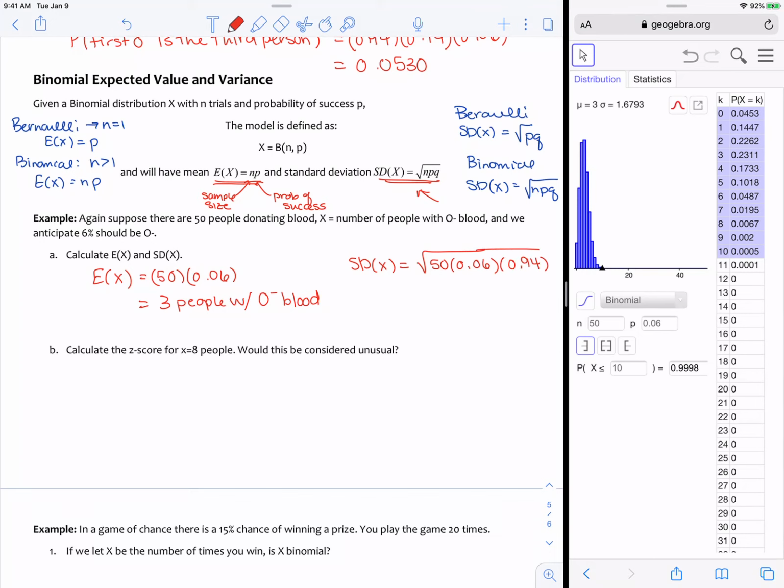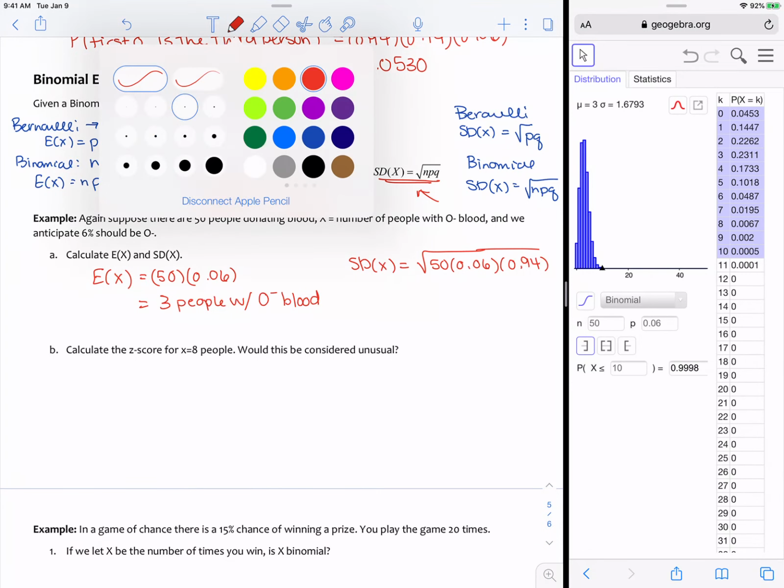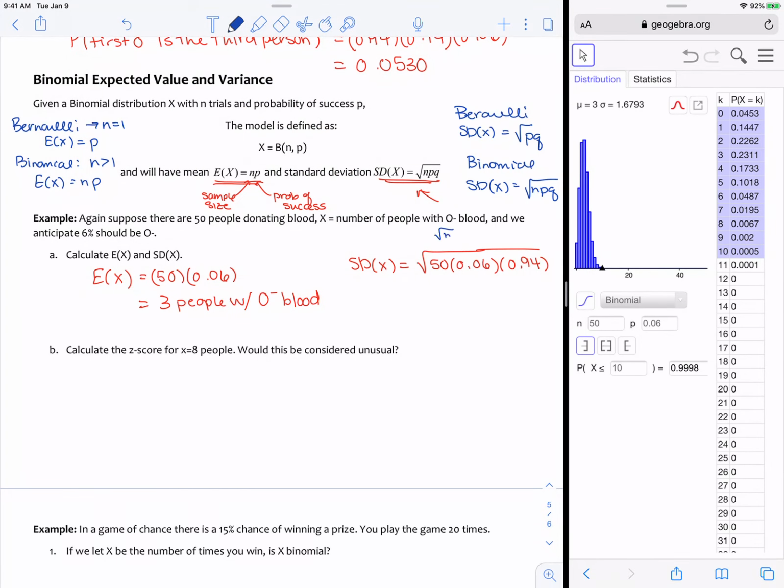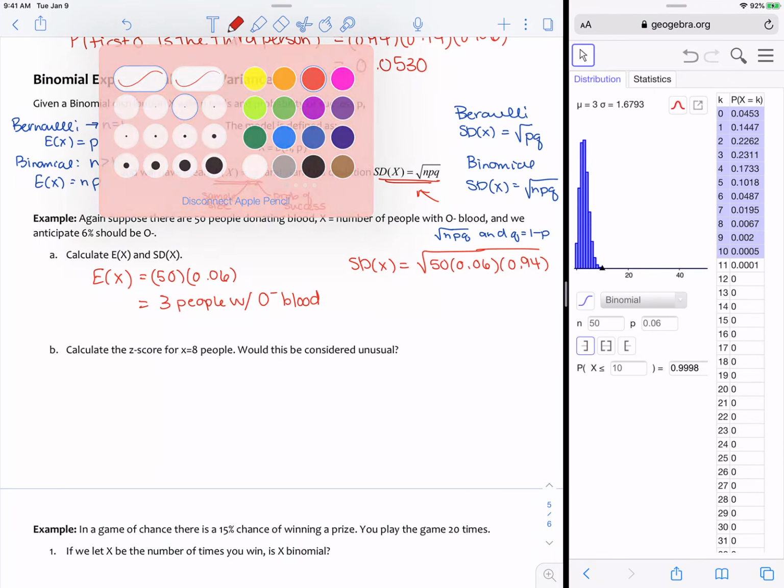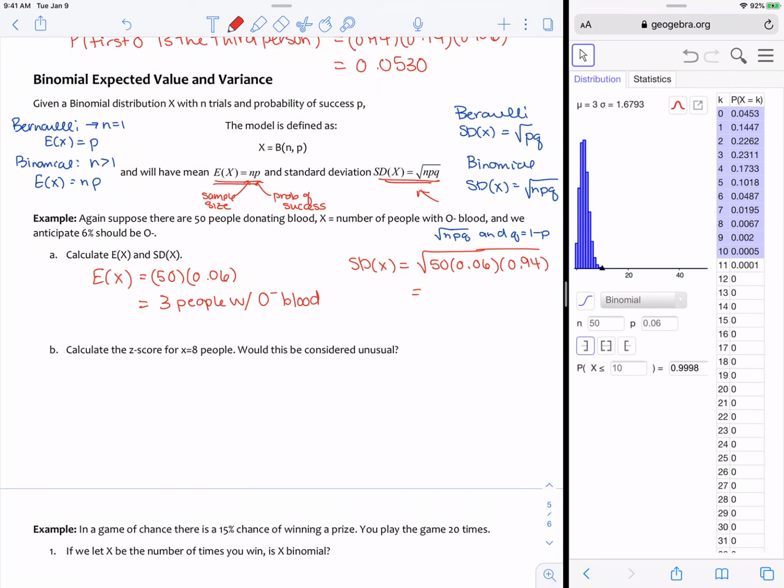Okay, remembering that Q is equal to 1 minus P. So this is the square root of NPQ, and Q equals 1 minus P. All right, and then we run through that calculation, and we're going to get 1.68 people, or rounded to 1 decimal place, we can do 1.7 people with O negative blood out of the 50.